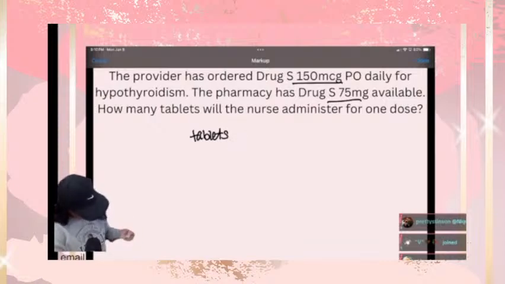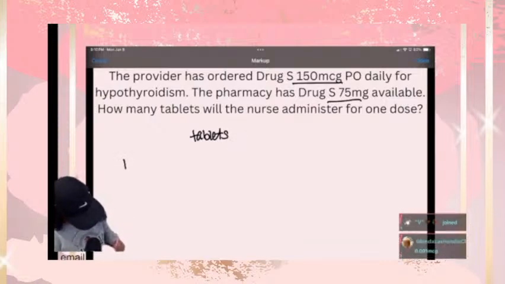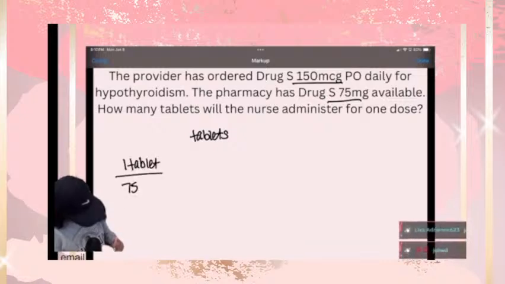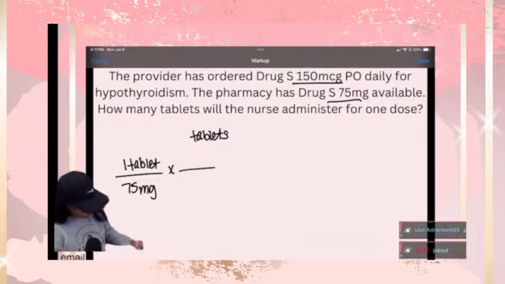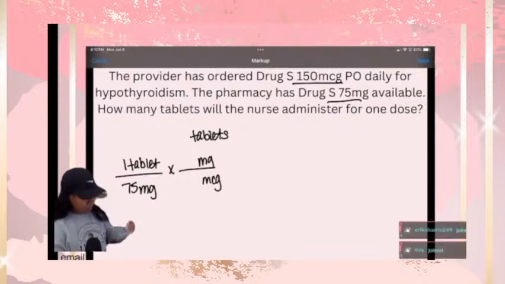So if you have one tablet is 75 milligrams, and then our ordered dose is micrograms. So we're going to need a conversion. Milligrams is at the bottom, so we'll put milligrams at the top. Micrograms will go at the bottom.